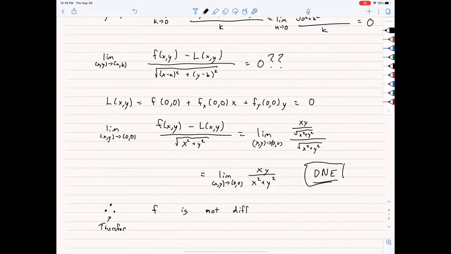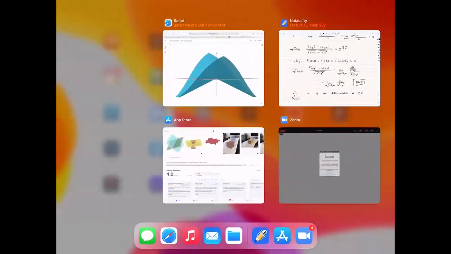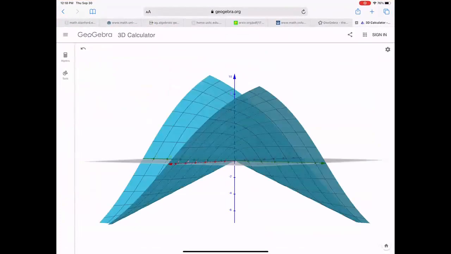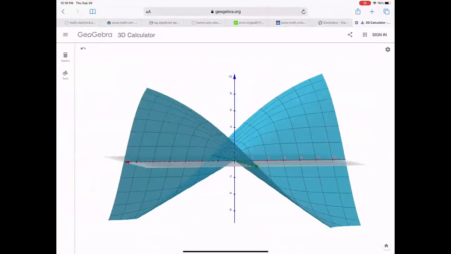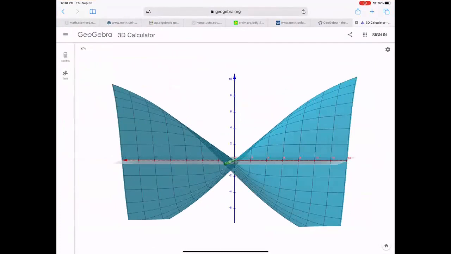Now, what does it mean? This is the mathematicians saying it's not differentiable at the origin. What's the picture? The picture is this. This guy is a graph of that function.